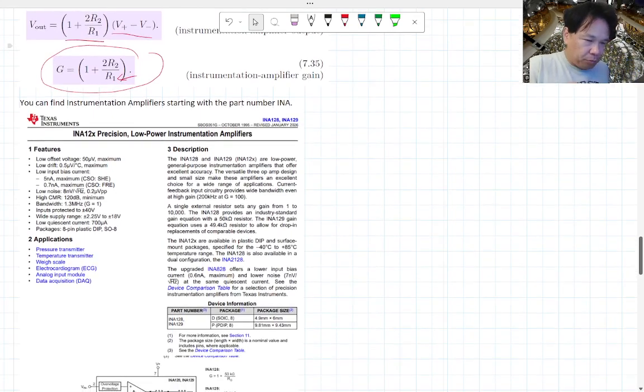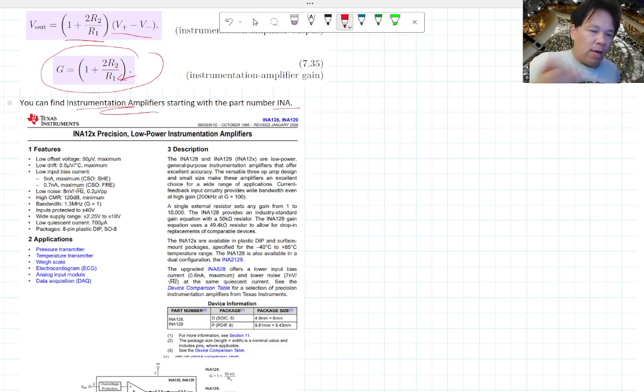You can find these instrumentation amplifiers starting with part number INA. Hopefully that makes sense. The one that the book mentions is the INA128. This is the INA12X, where the X just means it could be any generation.